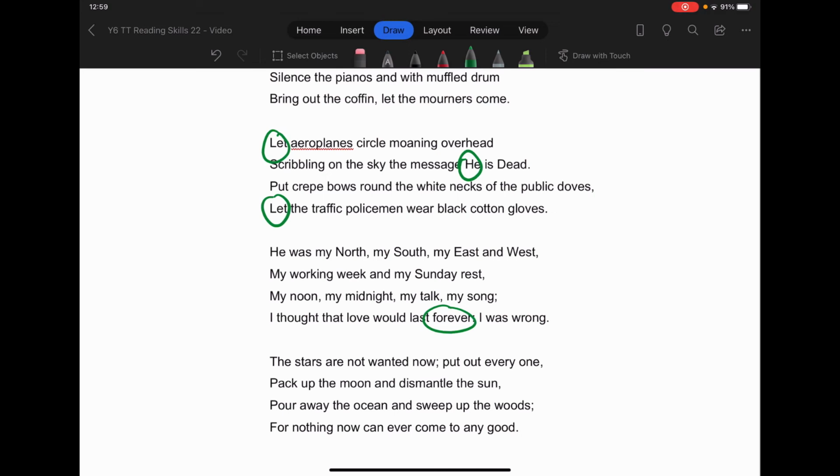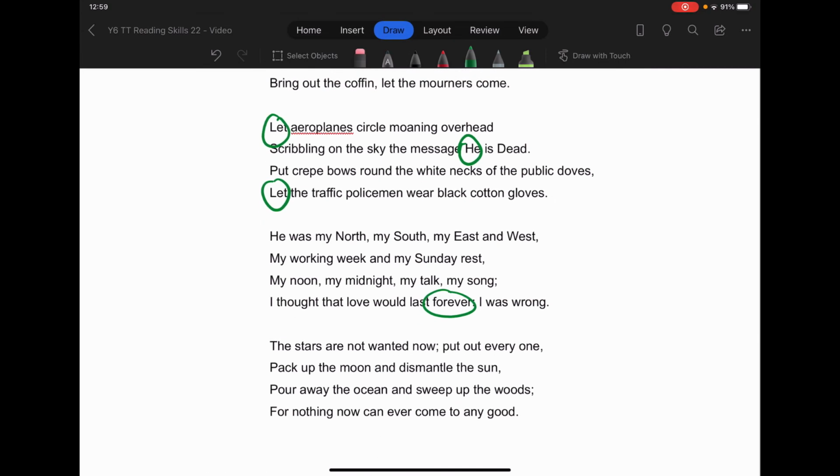My talk and my song, so they're there when they want to communicate. Think of talk as in communicate, convince, and my song as something very calming and relaxing. These three lines really communicate the breadth of this person and how much the deceased really means to the composer.